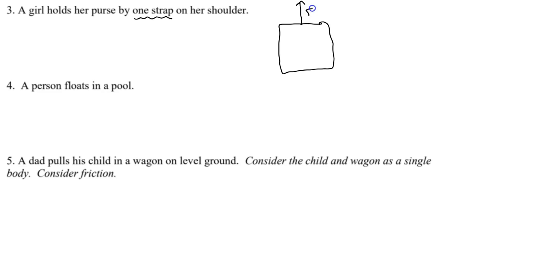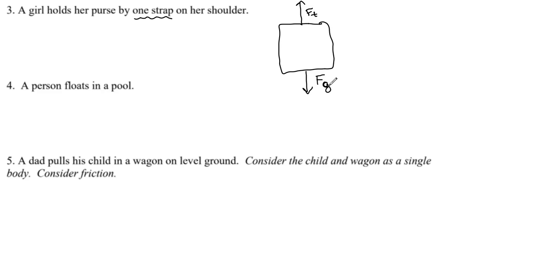So force of tension, tensile force. And we have the force of gravity that's acting down on it. So Fg going down, force of tension going up. It's not falling, so those two forces cancel each other out, and it stays suspended on her shoulder.